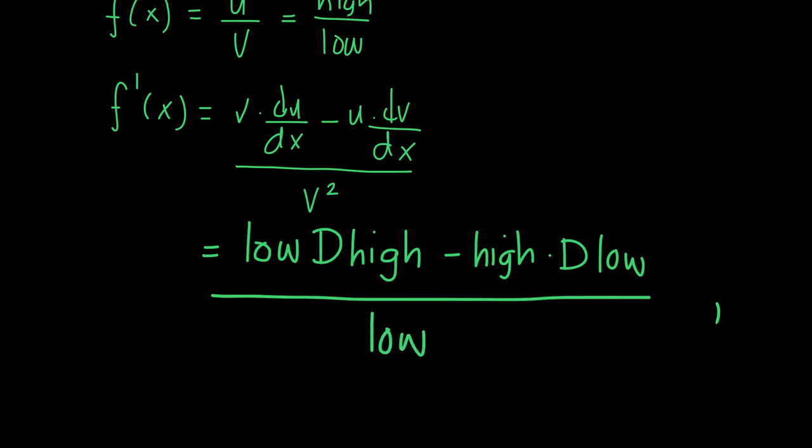So it will be up to you how you would like to memorize the formula for the quotient rule. You can simply use v times du over dx minus u times dv over dx over v squared, or simply say low d high minus high d low over low squared.